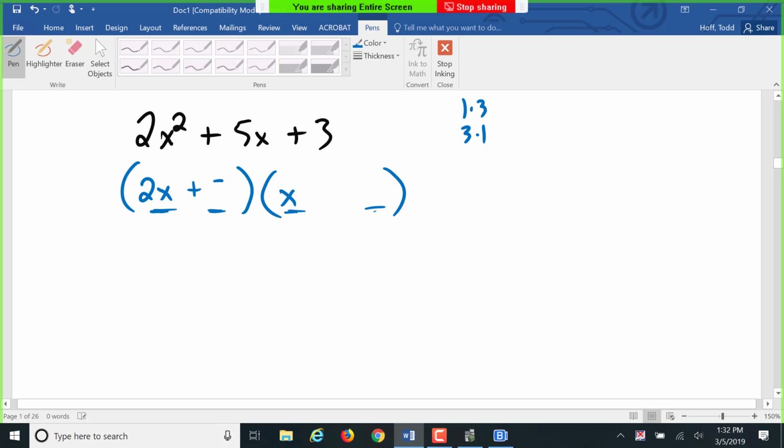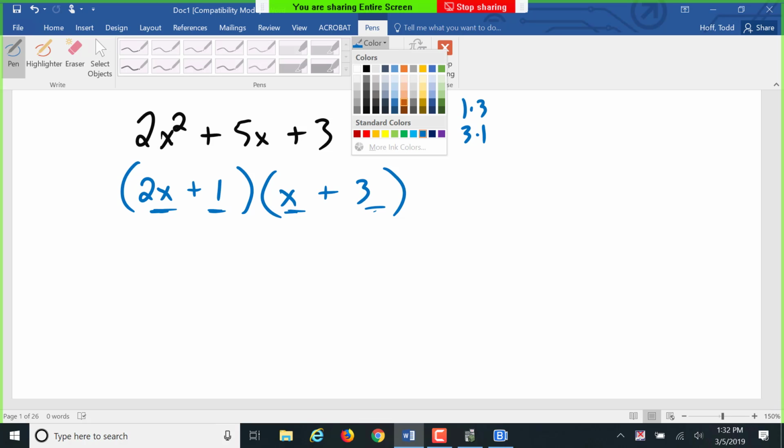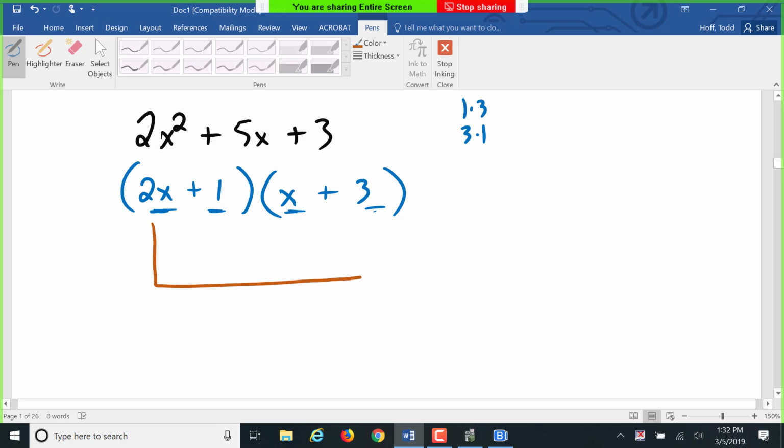If I try 1 times 3, on the outside, 2x times 3 is 6x. On the inside, 1 times x is 1x. 6x plus 1x is 7x. Not what I need, is it?